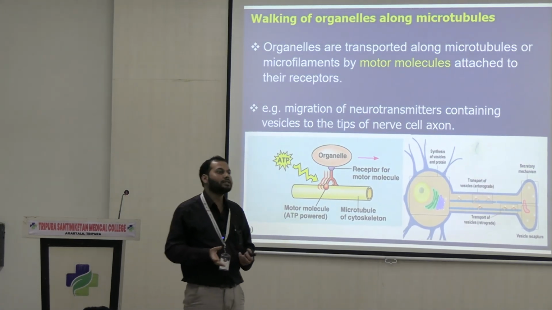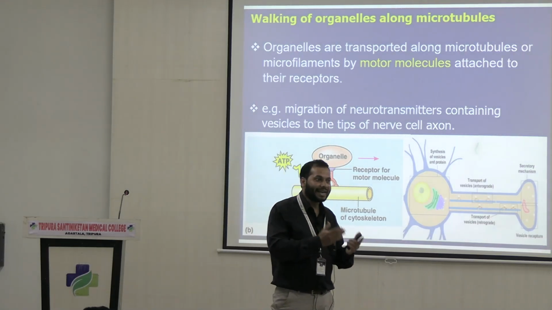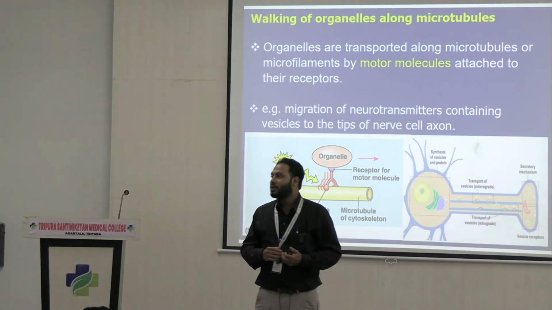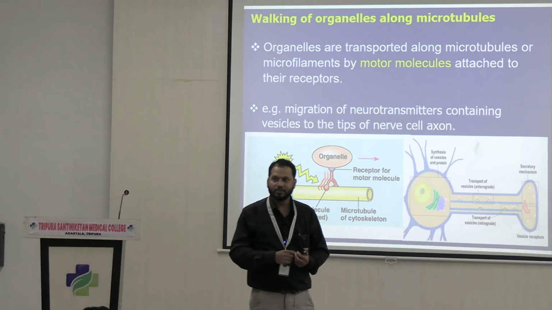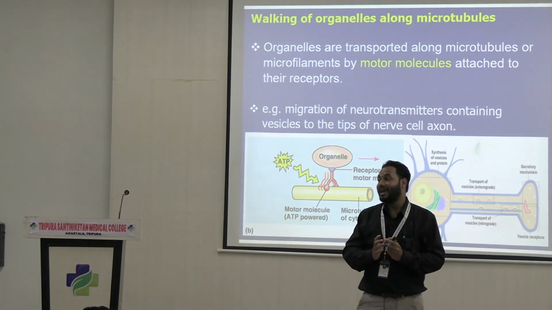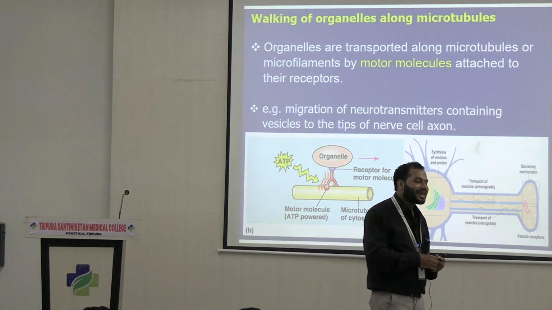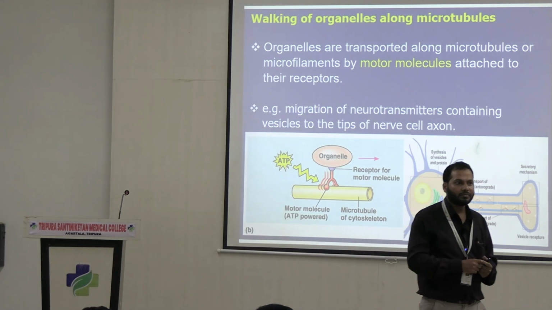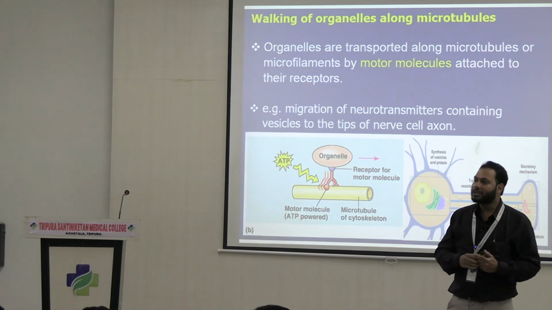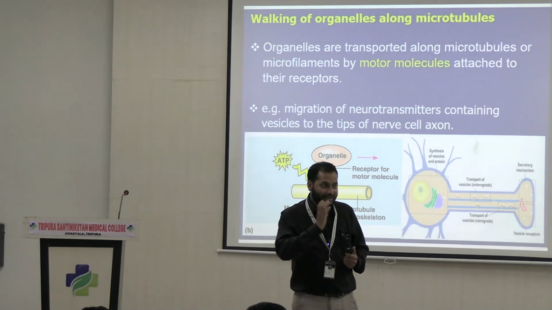But for the movement or transport of those cell organelles, they need a track. They need a vehicle, right? So here cell organelles act like a cargo, motor proteins act like a vehicle, and microtubules act like a path or track.